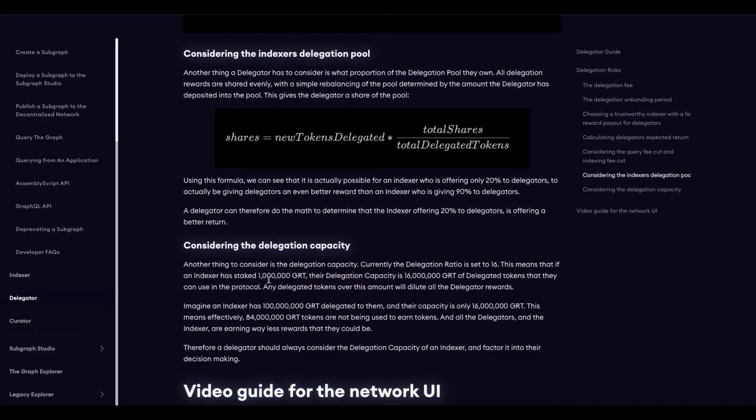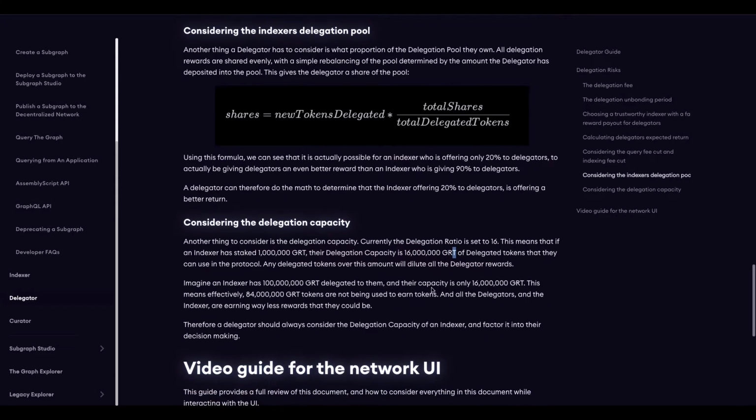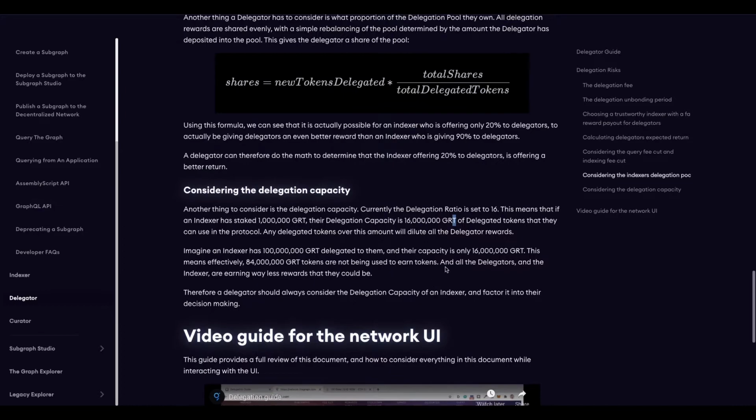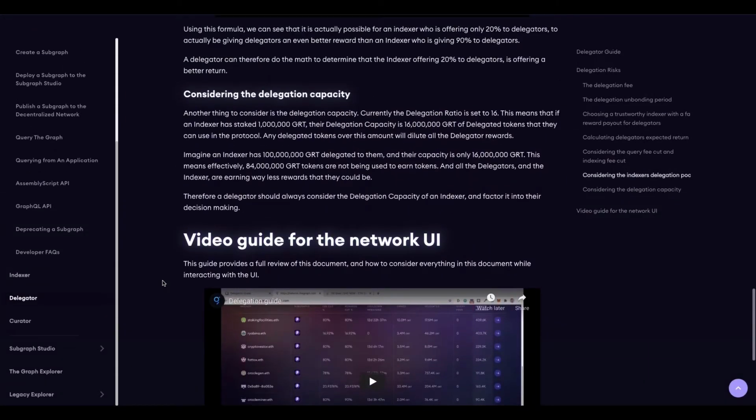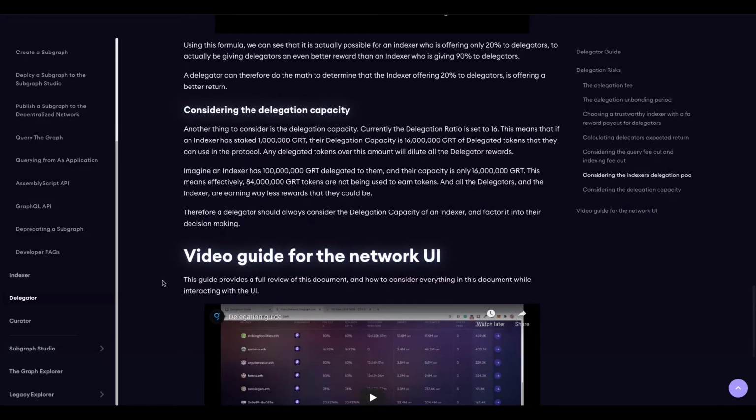But they have this mechanism: the indexer staked 1 million GRT, their capacity is 16 million, and if they go over this capacity, your delegation rewards will start to decrease. So keep that in mind when you're choosing an indexer. And next we're gonna get into curator.